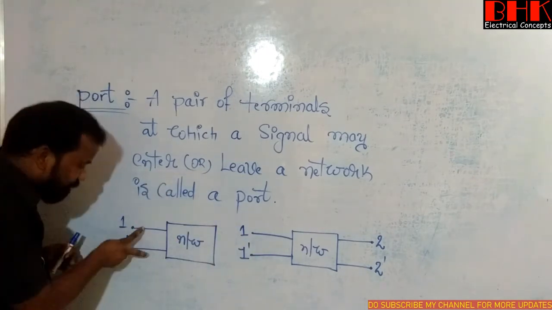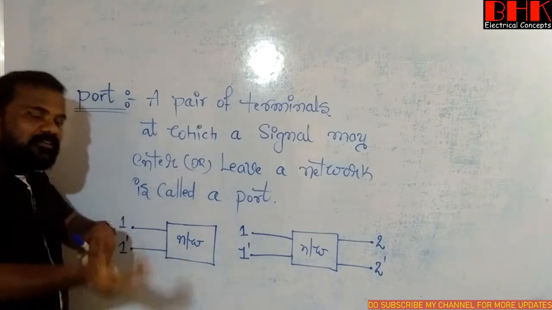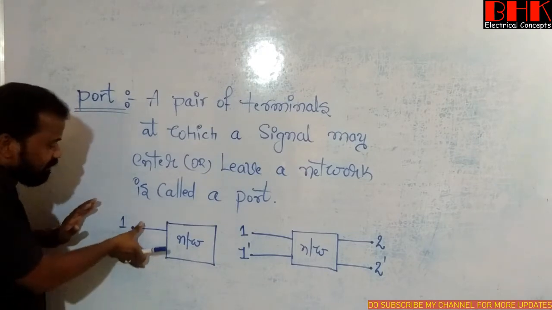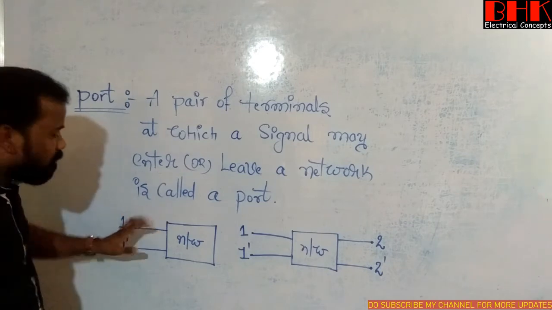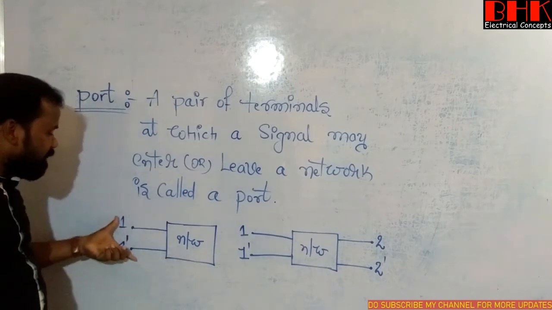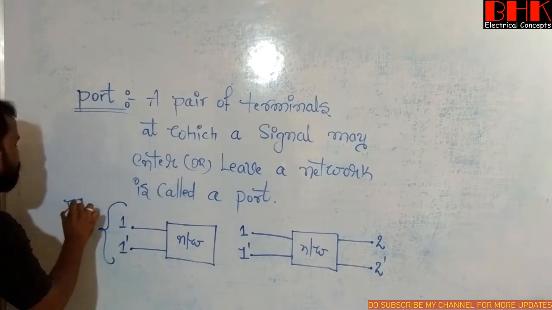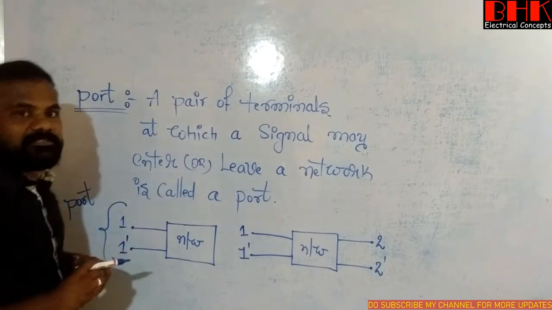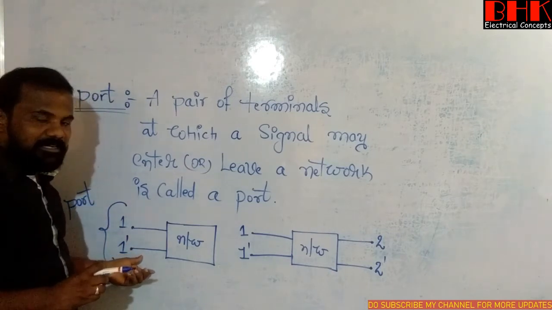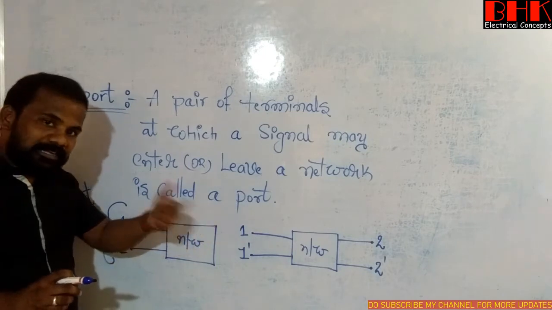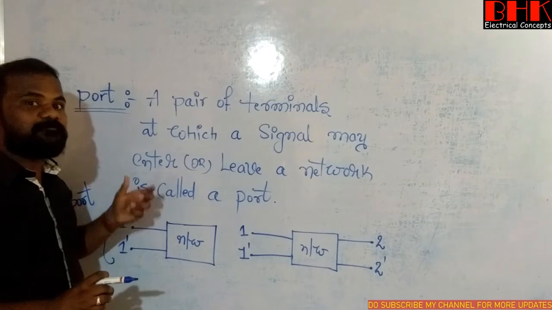This type of network we call a single port network, because it has only one port. This complete pair of terminals we call a port. So this is the definition of port.